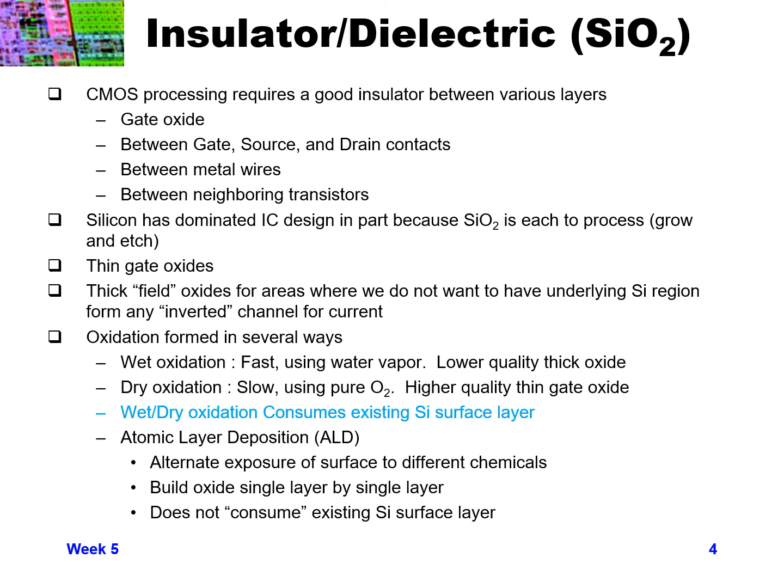So this is a third way to form oxides. It's more time intensive and more costly, but it's a way of forming oxide without consuming the existing silicon.